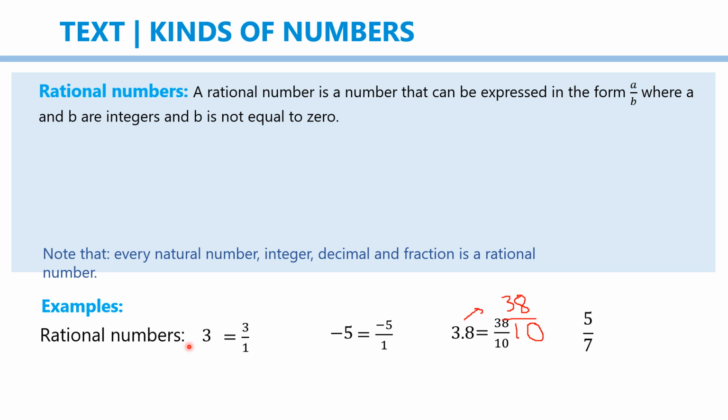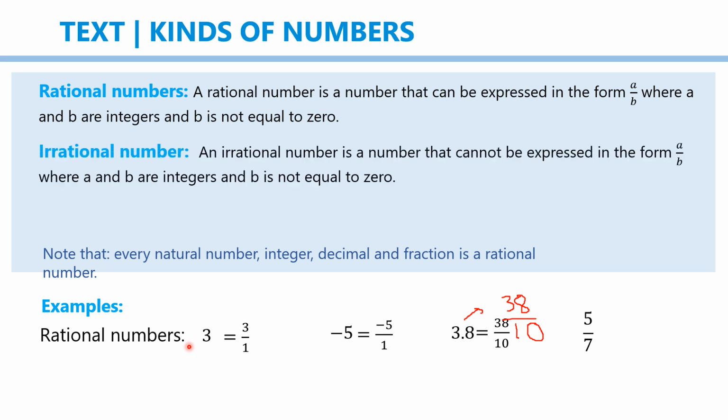Okay, teacher, then what are the irrational numbers? Irrational numbers are numbers that cannot be written as a fraction. Example, radical 3. You can say, teacher, can I write radical 3 over 1? No, in the fraction, we cannot put a radical.